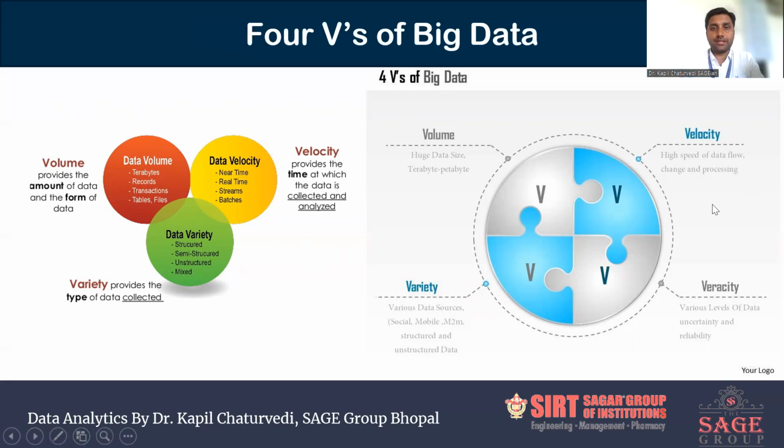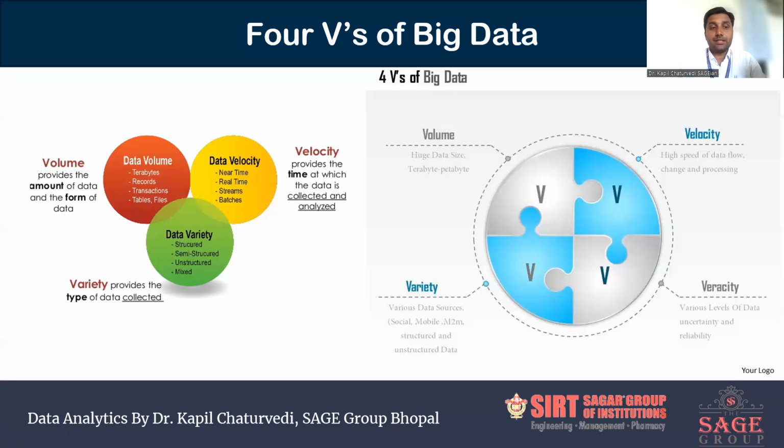So the first V is volume. It means the amount of data should be voluminous. That may be in terabytes of records, transactions, tables, files, structured and unstructured data, or a different variety of data. But the data should be voluminous.